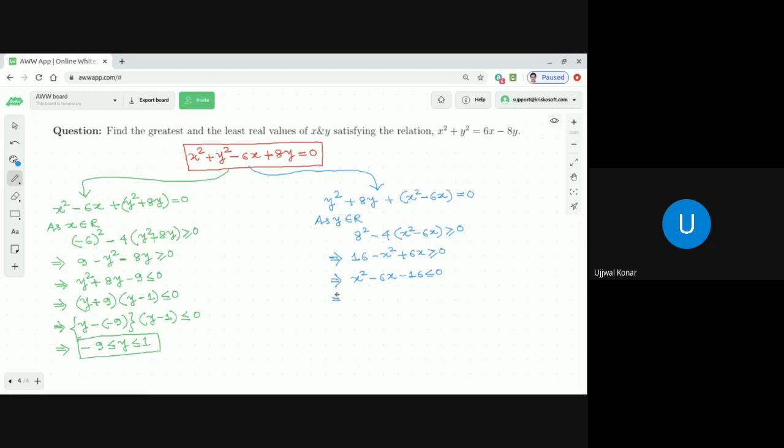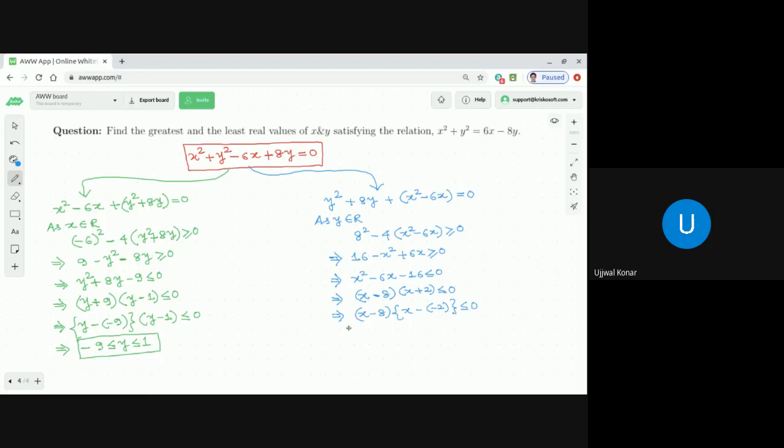If we split the middle term, what we get? (x minus 8) into (x plus 2) is less than or equal to 0.